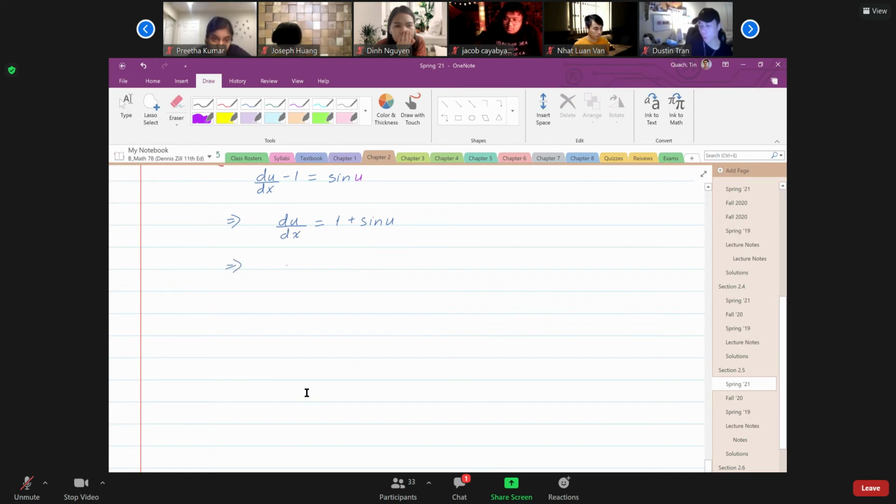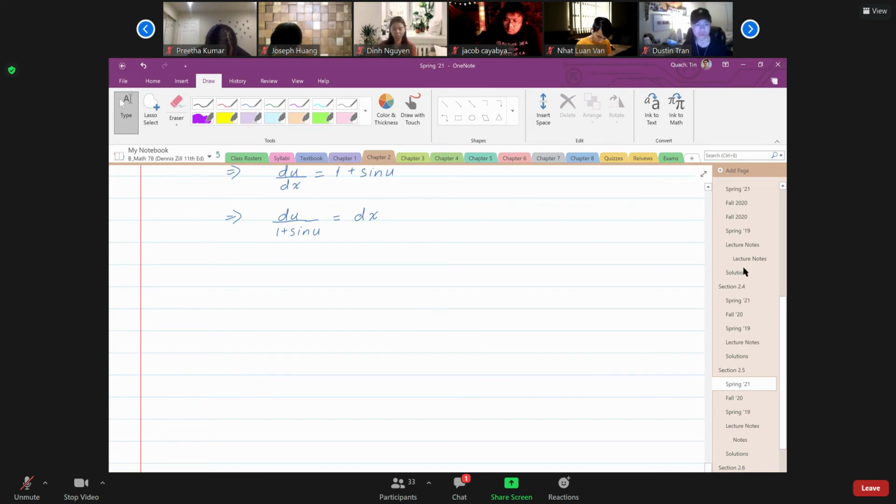So you have du over 1 plus sine of u, like that. And then you integrate both sides. Now on the right-hand side, that's easy. But what about the left-hand side?